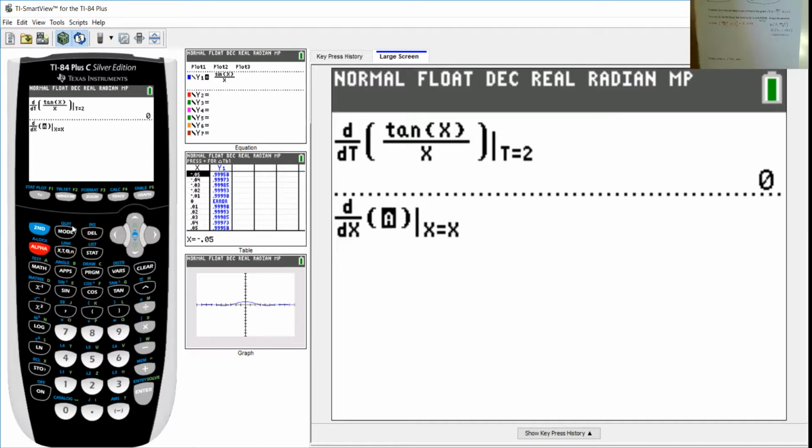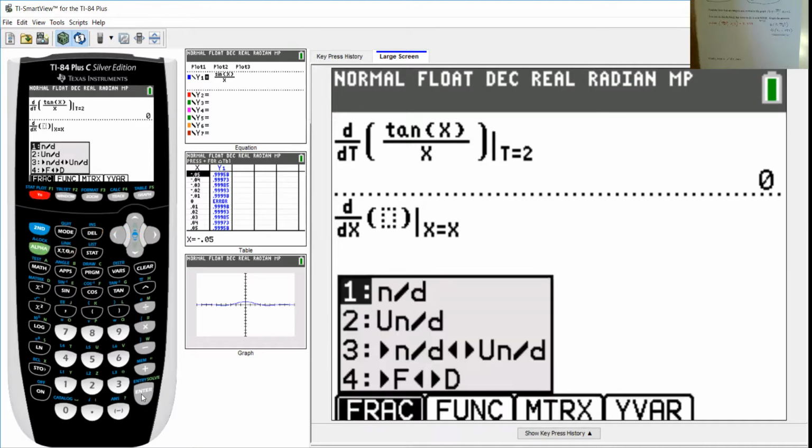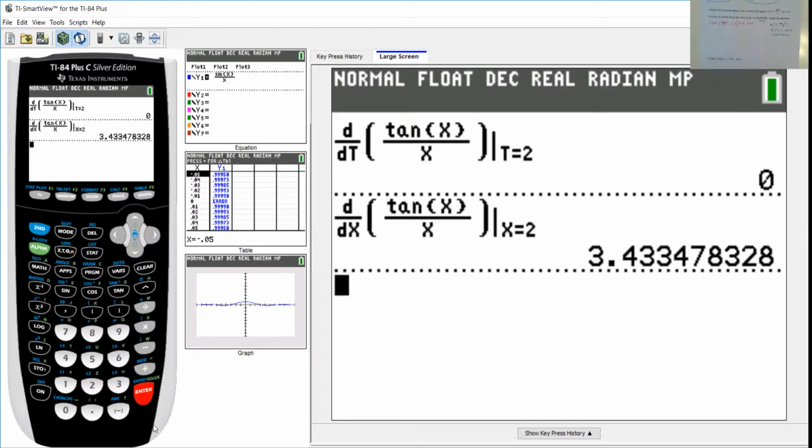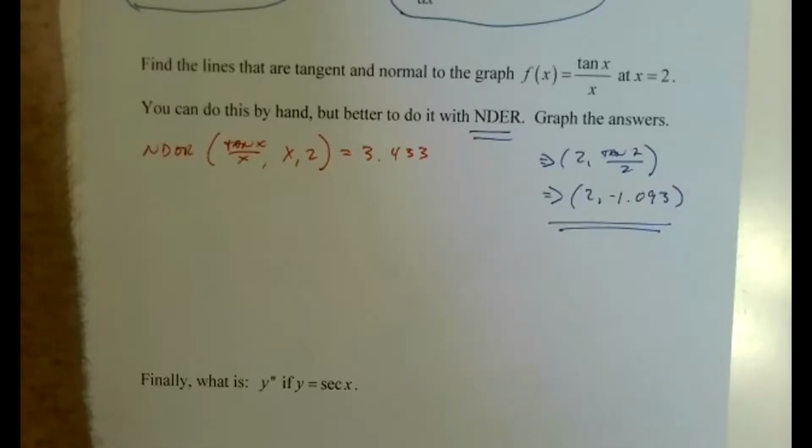Alpha y equals tangent x. And that's wrong because we wanted it at 2. Done. 3.433. Hey, look at that, 3.433.